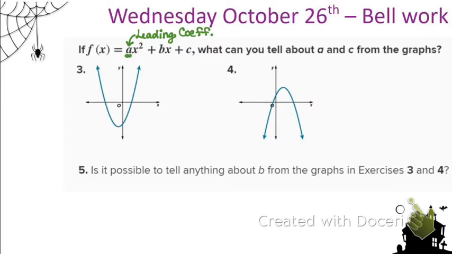How do we know it's positive? Right side of the graph is going up. We specifically always look at the right side of the graph for our leading coefficient. Yep. So right side is going up. And so A is greater than 0. It's a positive number.